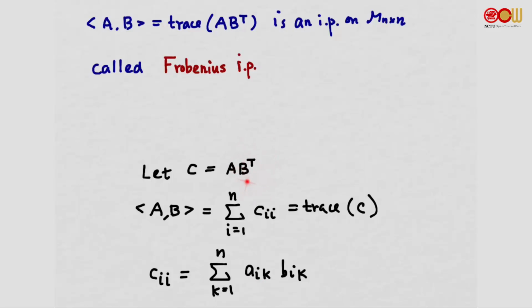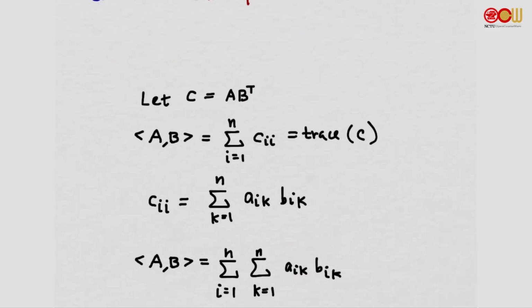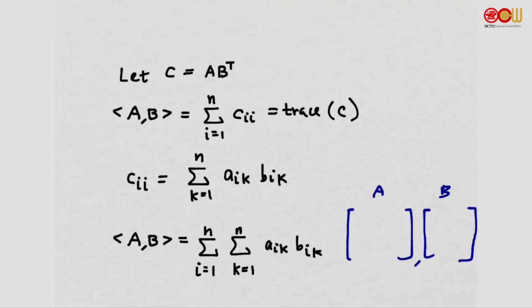The ki element of B transpose would be the ik element of B. So when we sum up these diagonal elements, we get a double sum of A_ik B_ik, summed over all i and k. What does this mean?